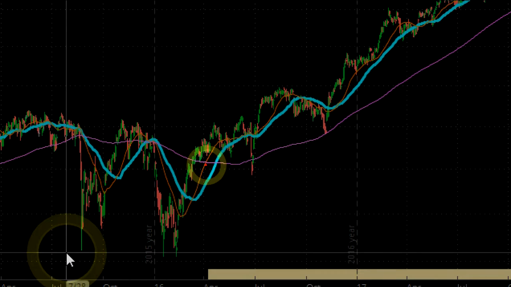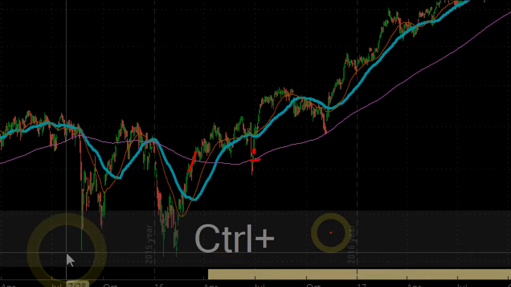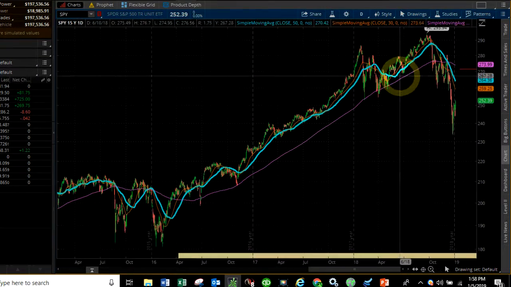You should use whatever works for you, right? But here you had a break of the 200, chopped around for a month and a half, and then it came back in, and maybe right in here is where you buy. Of course, then it ran up and pulled back almost to the same price, but then it kept going. So the 200-day moving average is a good place.